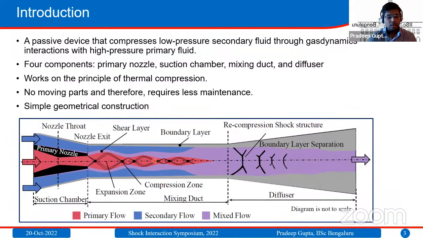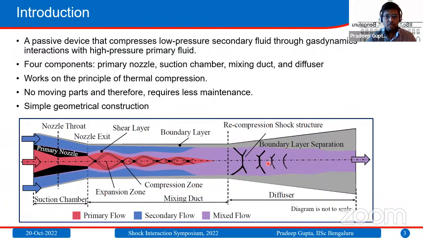Mixing of the supersonic primary flow and the sonic secondary flow results in a supersonic mixed flow towards the end of the mixing duct. And we know that if the supersonic flow encounters a diverging section, it forms a shock, and the shock interacts with the boundary layer, and we have a set of shocks we term a shock train.